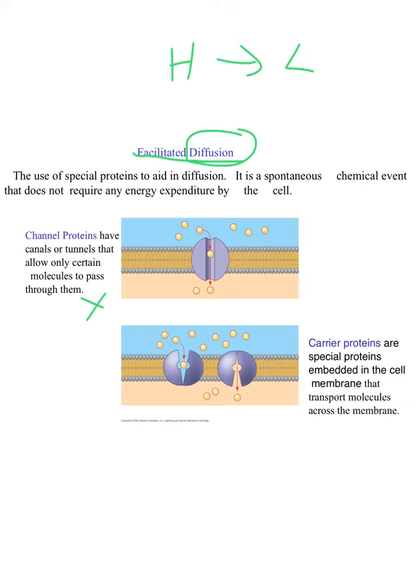But if these molecules have the right shape and the right chemical nature, they can go through no problem. Here we have a higher concentration of these solute molecules over here, a lower concentration over here. So diffusion can work. These will naturally go from higher concentration to lower concentration, but they have to go through these channel proteins to do it.